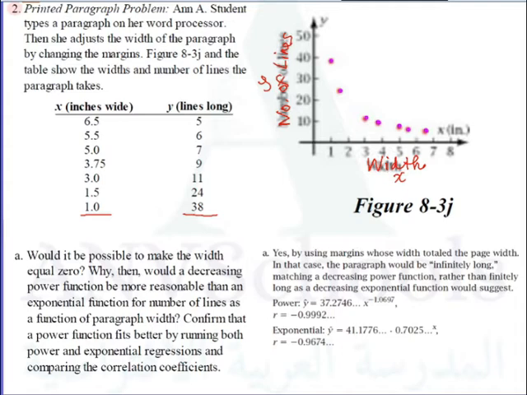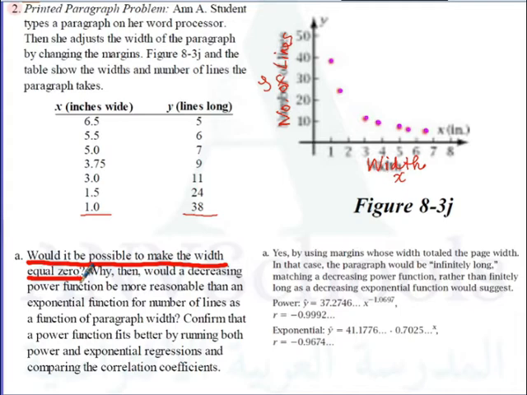First, would it be possible to make the width equal to 0? Yes, it is possible, by using margins whose width totals the page width. So meaning we don't have any margin at all.